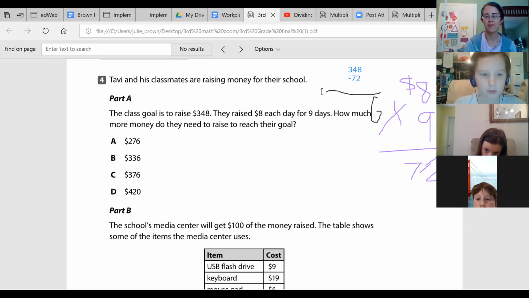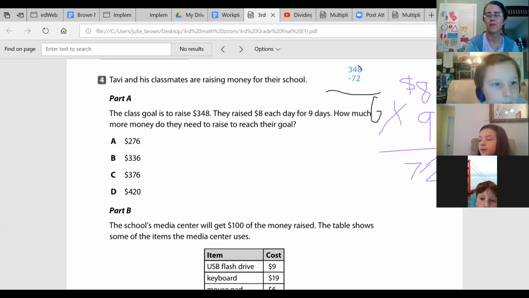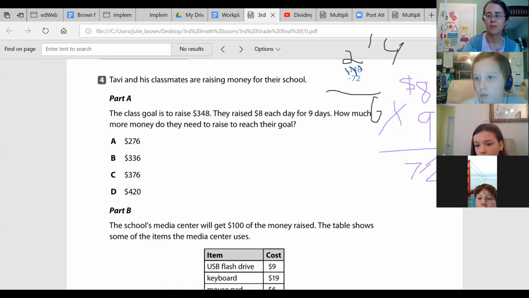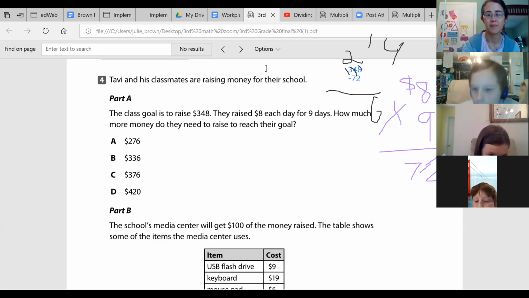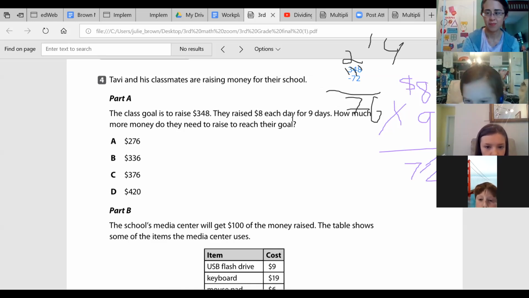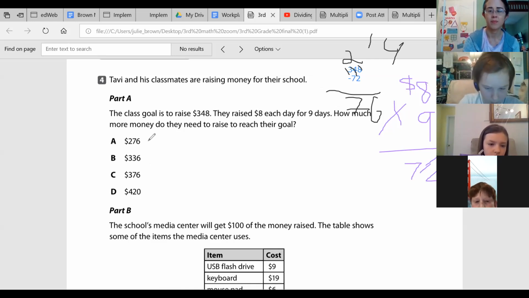And then 7 minus 4, you can't do that. So 14. Sorry, this is really messy. It's hard to do with these small. Alright, but 14 minus 7 is 7, and 7 minus 2, you can't do that.